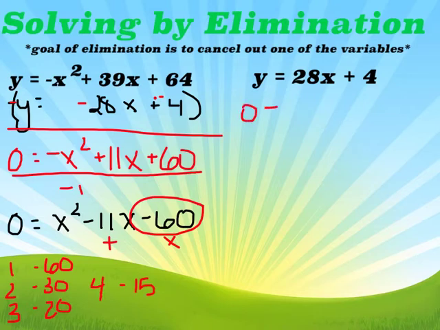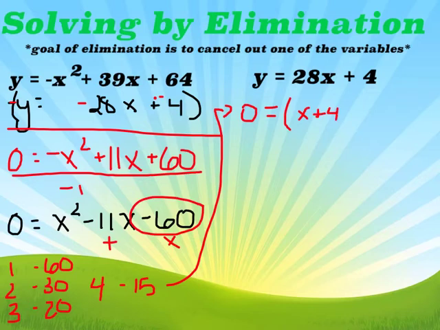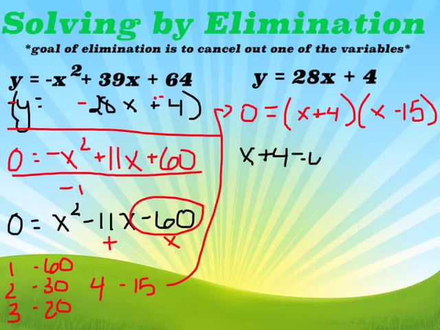So 0 equals x plus 4 times x minus 15. To solve, we set both of those factors equal to 0. x plus 4 equals 0, or x minus 15 equals 0.